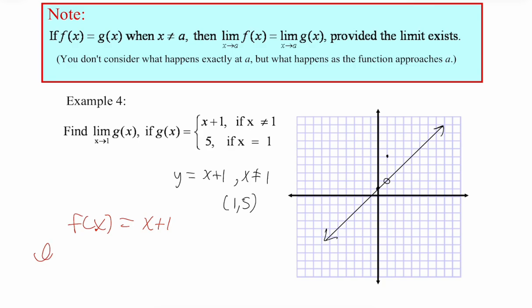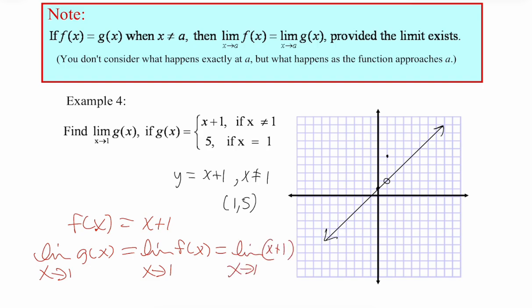So the limit as x approaches 1 of g of x is exactly the same as the limit as x approaches 1 of f of x. Because they're the same function except at that point, but I don't care. This function, f of x, is a polynomial. What am I allowed to do to polynomials? Direct substitution.